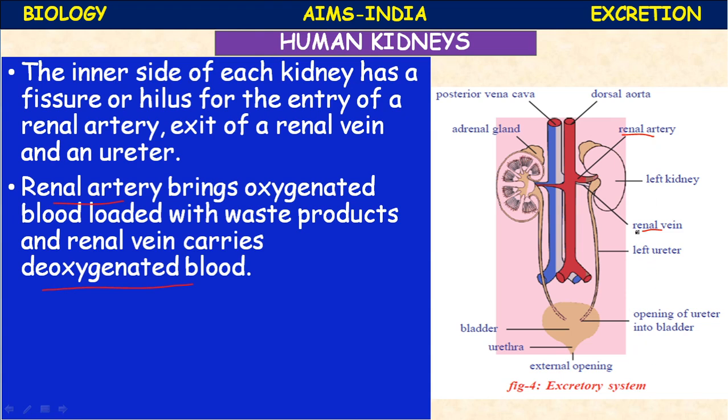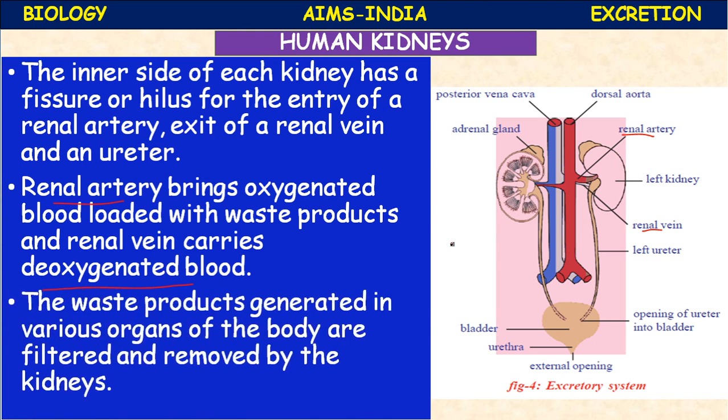So what is the function of the renal vein? The renal vein carries deoxygenated blood. The waste products generated in the various organs of the body are filtered and removed by the kidneys. This is the main function of a kidney.